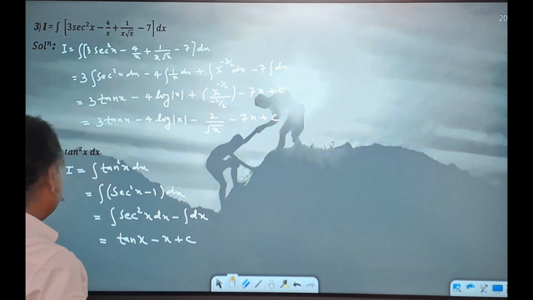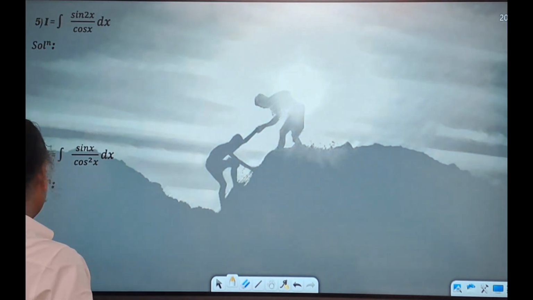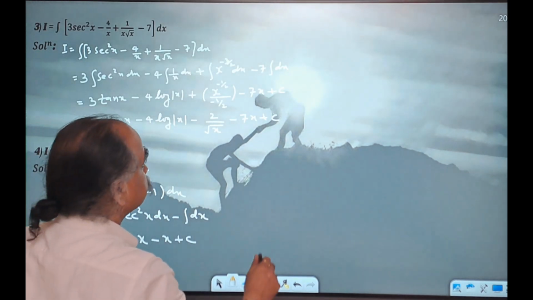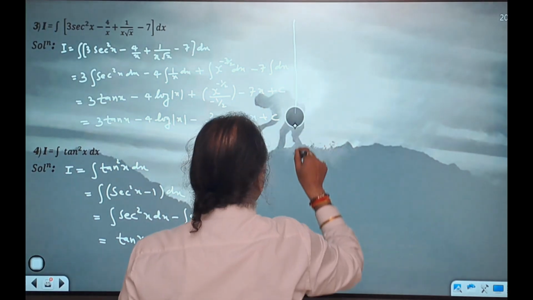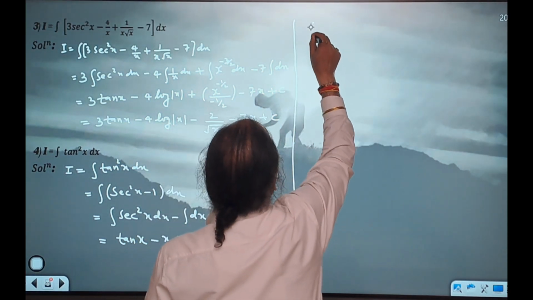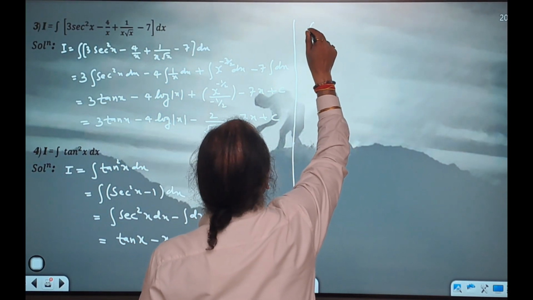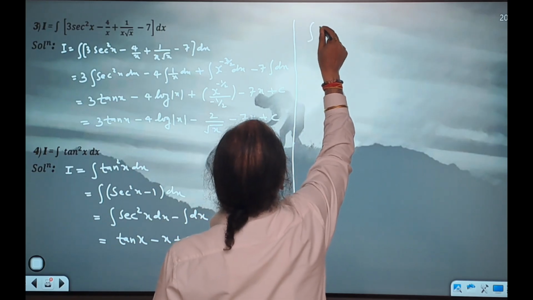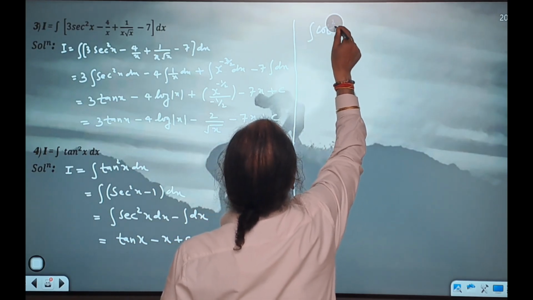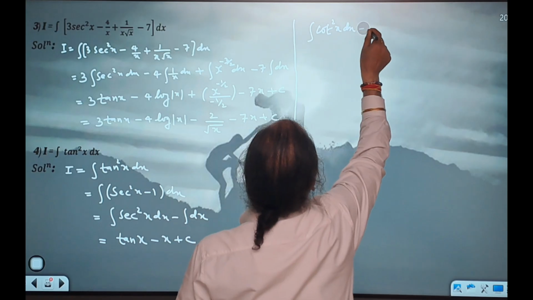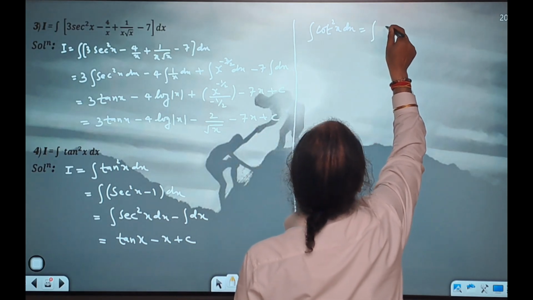Suppose we need to find cot square, let me do that also. Integral cot square. We will convert cot square into cosec square minus 1 form.